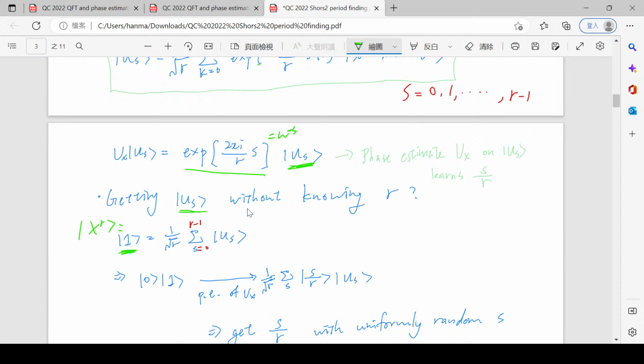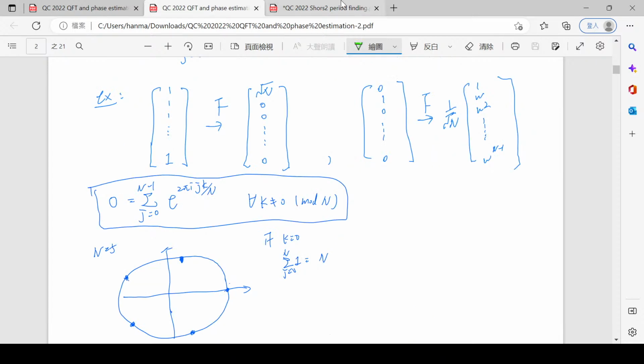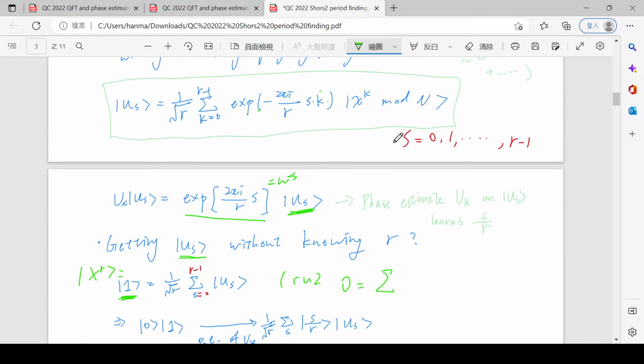0 equals the summation over s from 0 to r minus 1 of e to the 2 pi i sk over r, if k is not equal to 0.